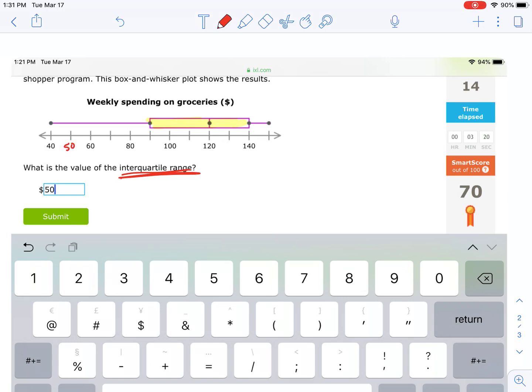So this would be 50, 60, 70, 80, 90, 100, 110, 130, 150. The interquartile range is the lower quartile subtracted from the upper quartile. So in this case, it would be 140 minus 90, which is 50. Or you could have counted by tens: 10, 20, 30, 40, 50.